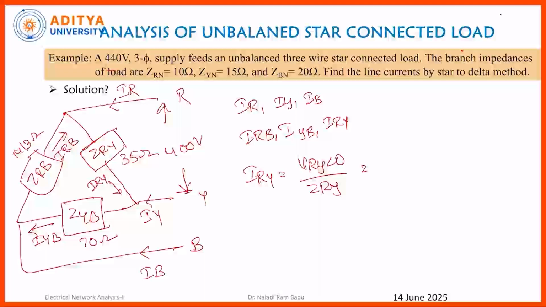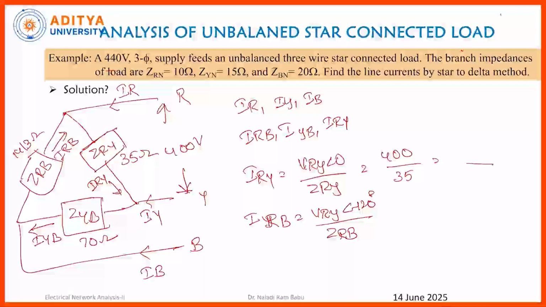VRY at an angle of 0 means 400 volts at an angle of 0 divided by 35 ohm. Calculate it and write down the value. In a similar fashion, IRB is equal to VRY at an angle of minus 120 degrees divided by ZRB. Therefore it is 400 at an angle of minus 120 degrees divided by the value of ZRB, which is 14 by 3 ohms. Write it and calculate it and write down the value.